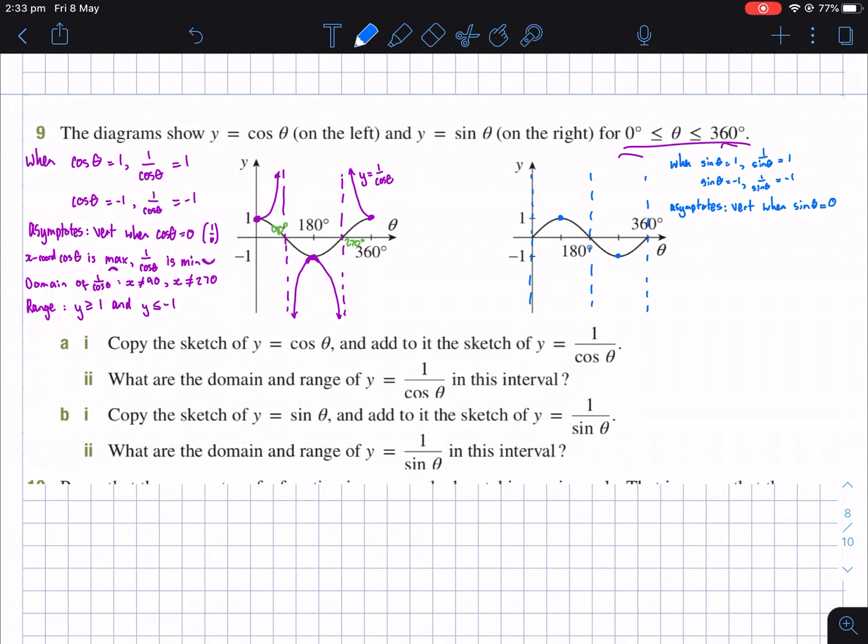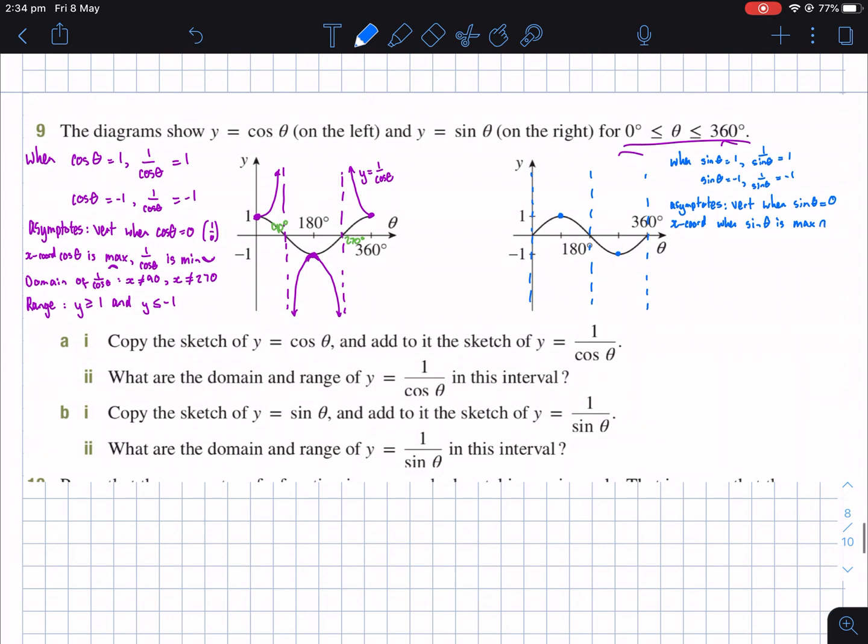So our minimums and maximums, the x-coordinate. So when sine theta is max, 1 on sine theta is min. So we've got minimums here.